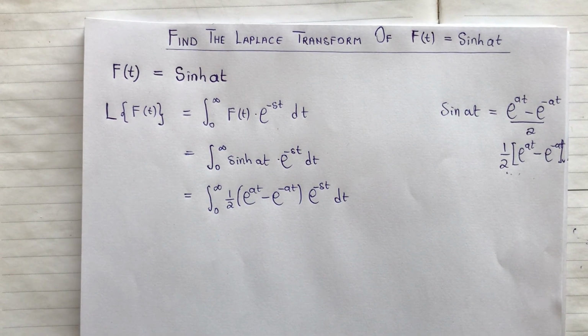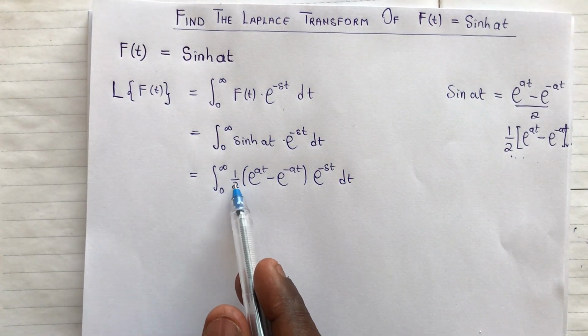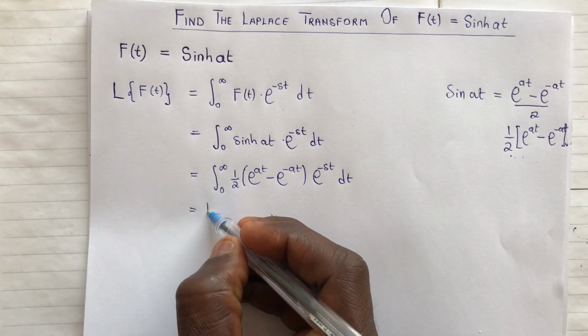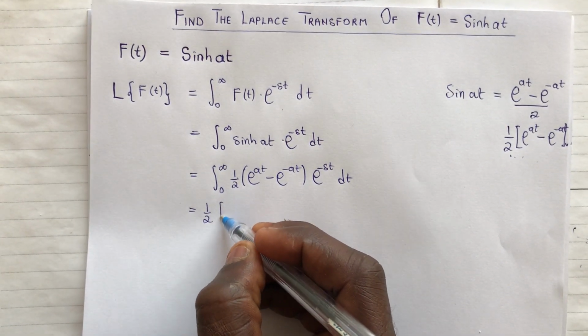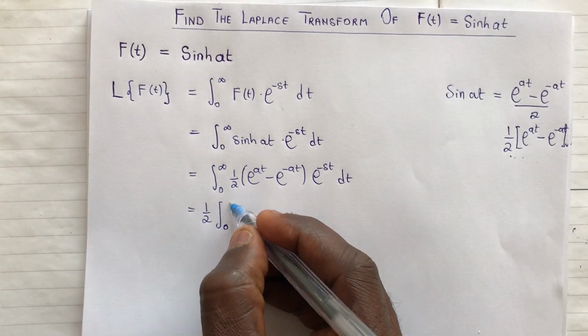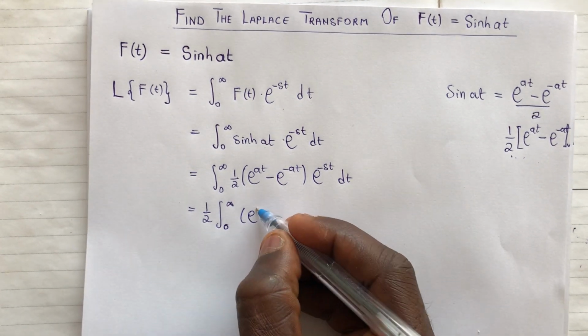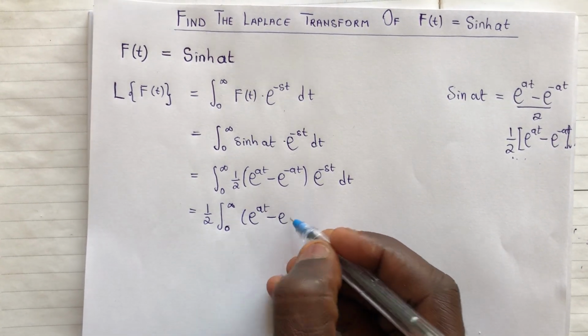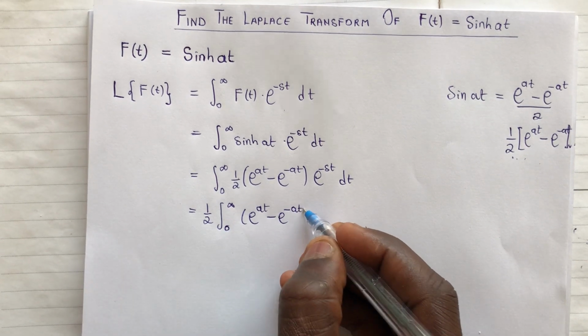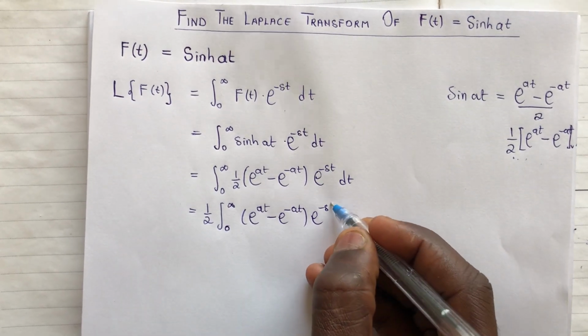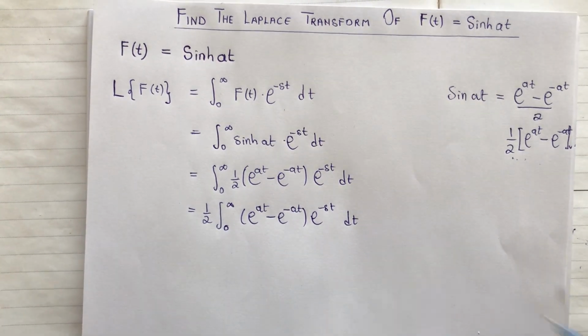So from here we can factorize the 1 over 2 out, having 1 over 2 times the integral from 0 to infinity of (e^at minus e^(-at)) e^(-st) dt.